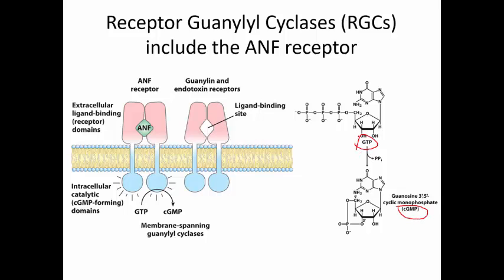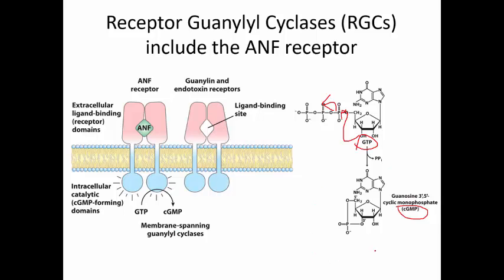This OH comes and attacks the phosphate and cleaves off the pyrophosphate. Again, this is like the RTK in that it's a dimer that comes together when it binds its signal. And when it comes together, the catalytic domains are activated, and it's going to cyclize the cGMP.